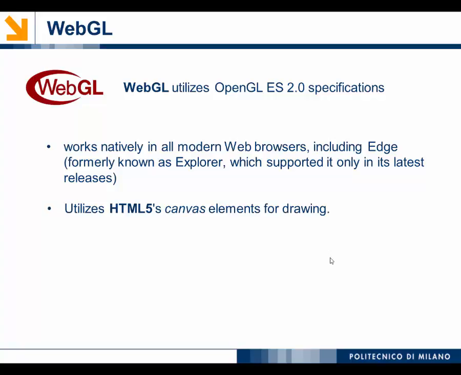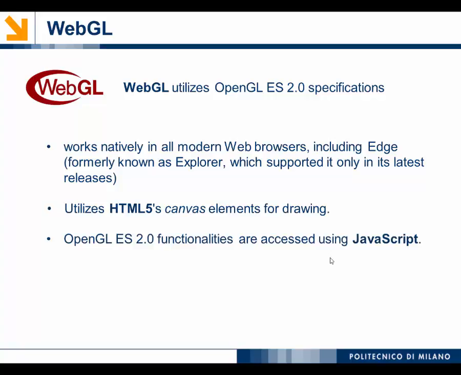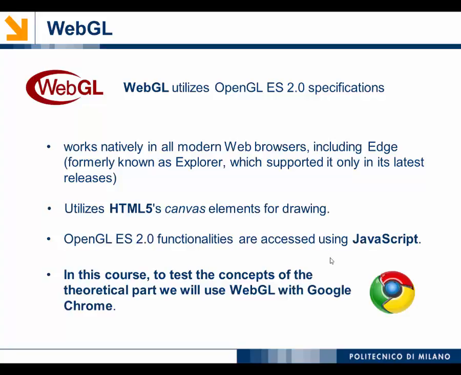Since we are going to use HTML5, we will exploit the capabilities of the canvas element to draw on it, while the WebGL functionality will be accessed using JavaScript. So basically all we need is Google Chrome and a text editor, and if your hardware supports WebGL, which should be the case, we can draw even complex objects.